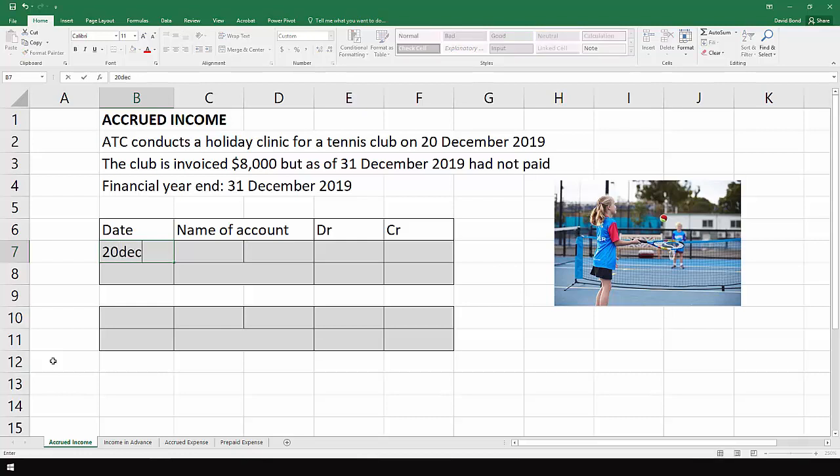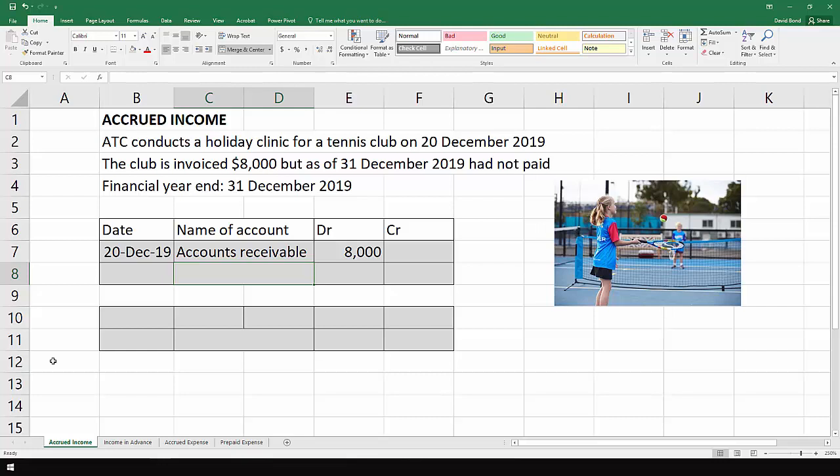So on the 20th of December 2019, we will have money owed to us. So accounts receivable, and that will be a debit of $8,000 because it is an asset and they are owed money, so they reflect that.